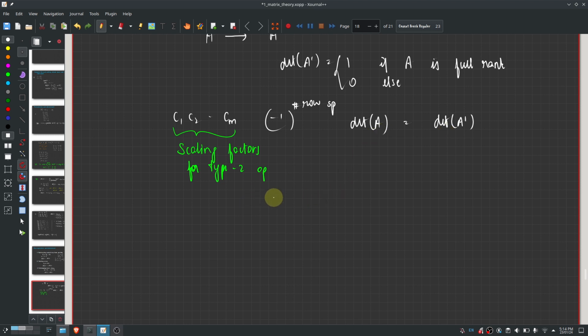So what is the determinant of A equal to? The right hand side is equal to 1. So the determinant of A is simply equal to minus 1 raised to the number of swaps divided by C1, C2 up to Cm.